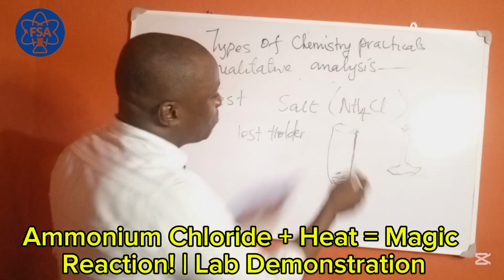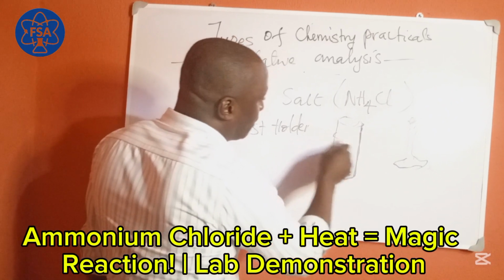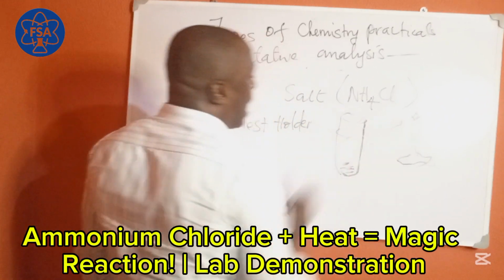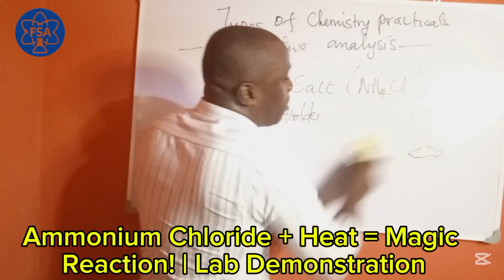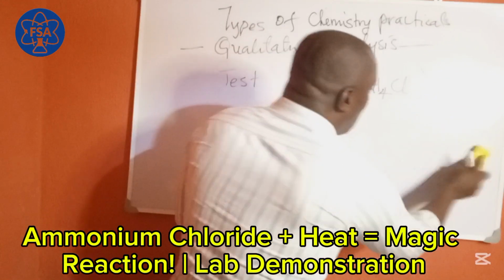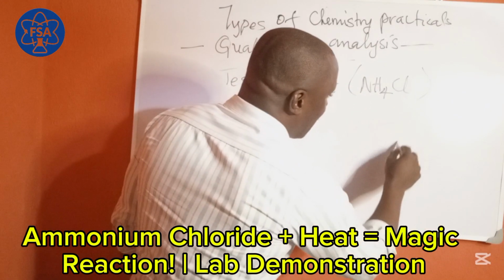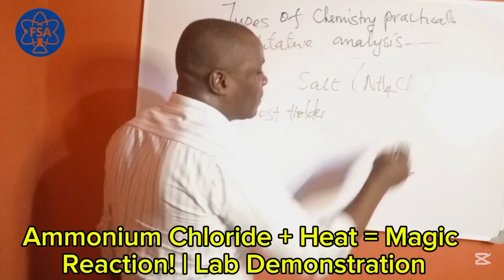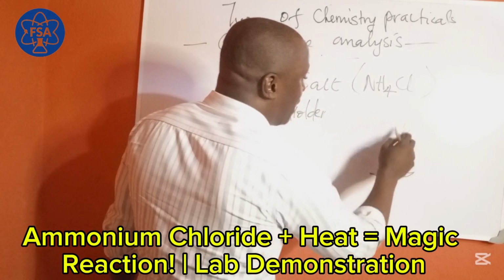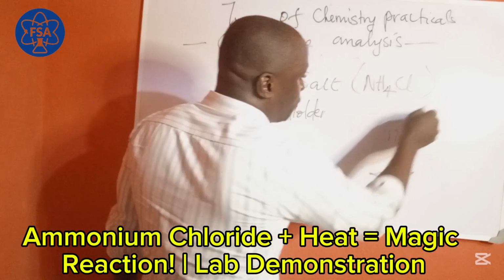You use the test tube holder to hold it, and you now bring it to the Bunsen burner where you've already lit your flame. This is the flame that is coming out, and this is your test tube.